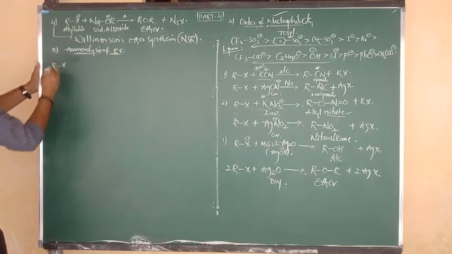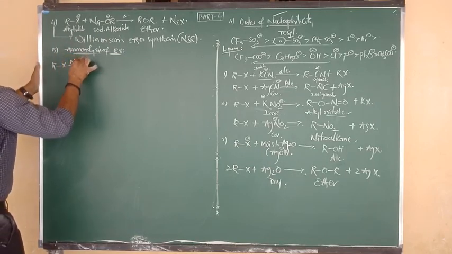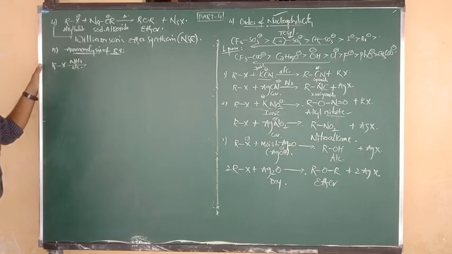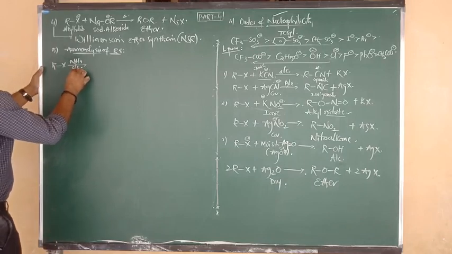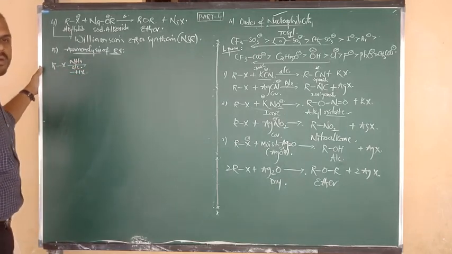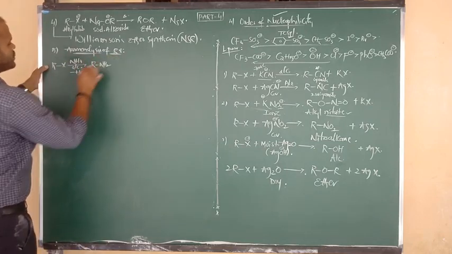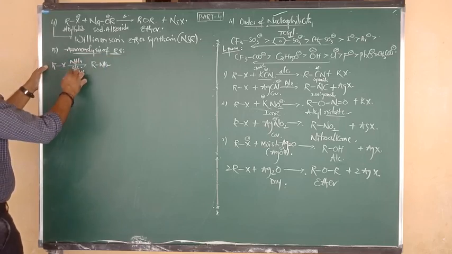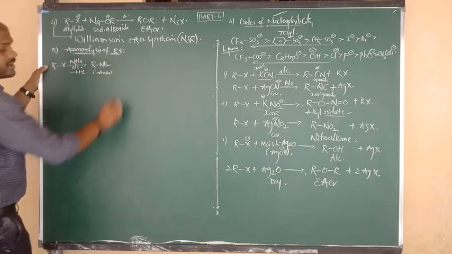RX. Alkyl halides upon reaction with alcoholic ammonia, that is ammonia with a little bit of alcohol. Here hydrogen combines with halogen and is removed in the form of HX. And the product you get is RNH2, primary amine.